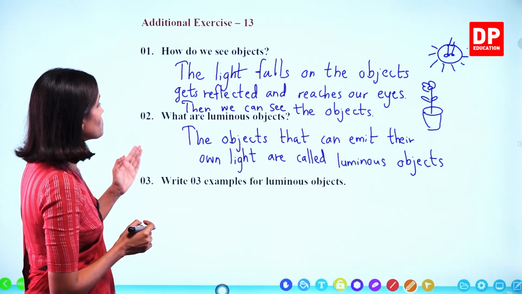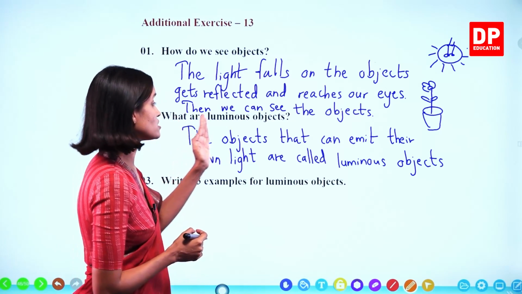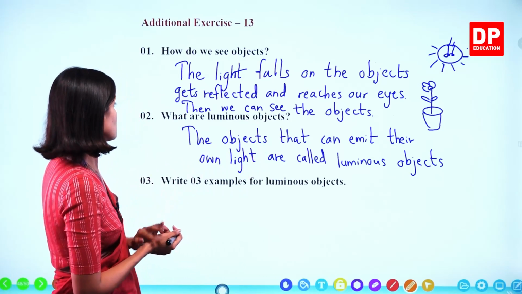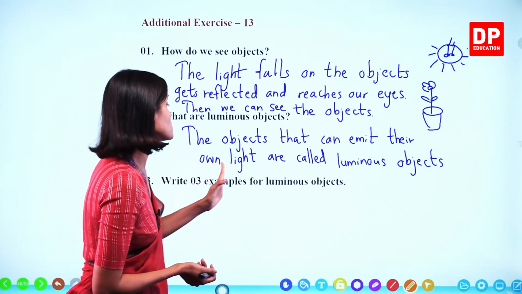Right? Write 3 examples for luminous objects.